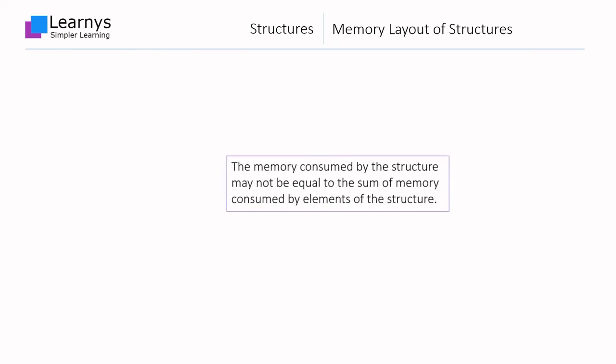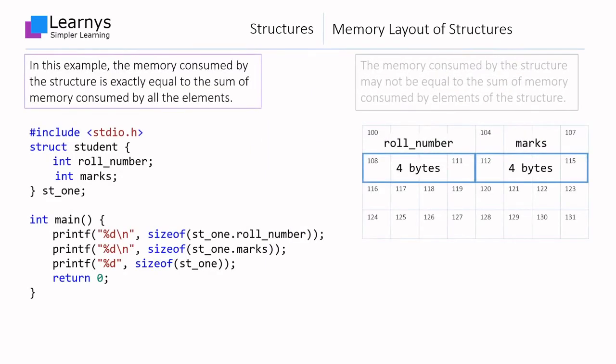Under the ideal scenario, the size of a structure variable should be equal to the sum of individual fields, as can be seen from the example code. In this example, the memory consumed by the structure variable turns out to be exactly equal to the sum of memory consumed by all the elements.